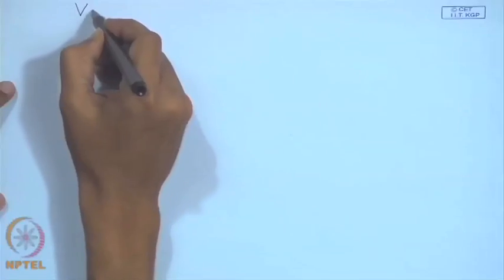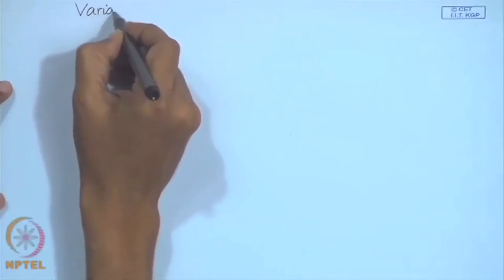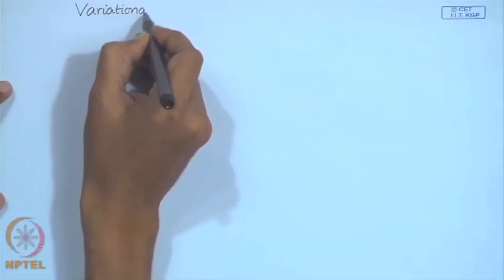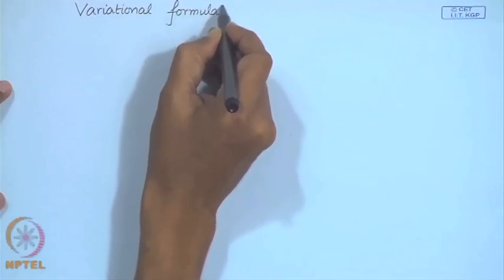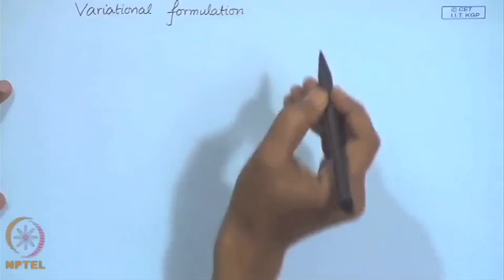The variational principle also gives us a very powerful way of approximately solving these systems, as we have seen before. So, let us look at the variational formulation for the Timoshenko beam.